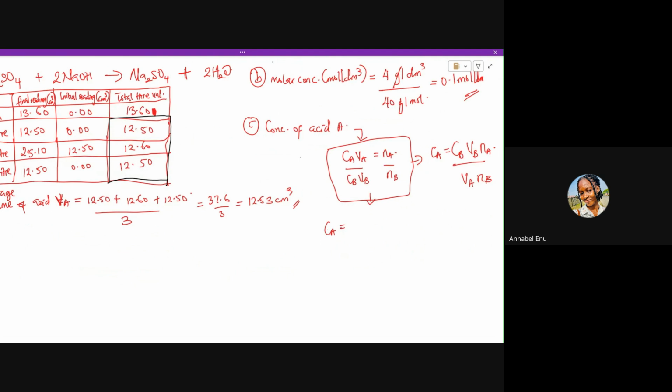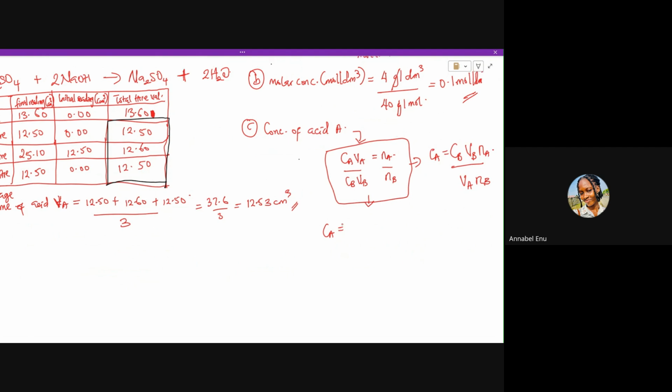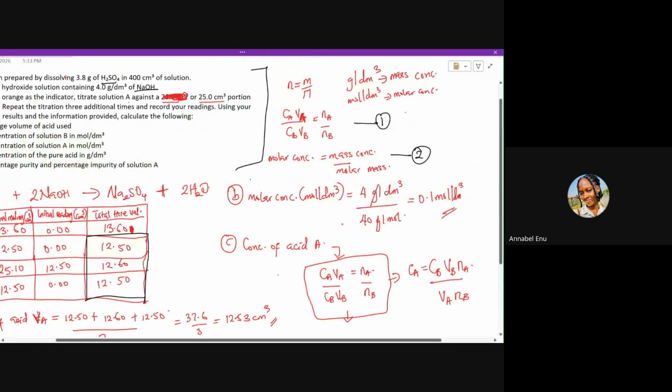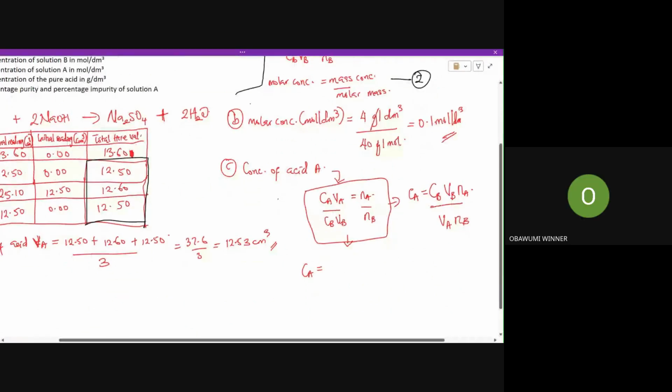Concentration of base is what? What's the concentration of base? People should tell me. What's CB? 0.1 mole per dm cube.